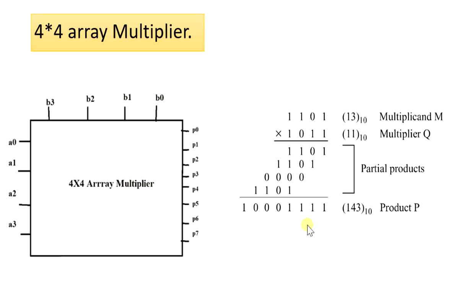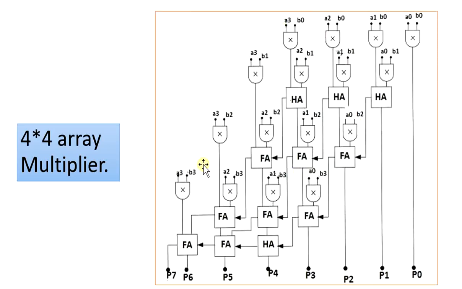So let us look into the design using single bit adders, which is more complicated compared to the lower array multipliers. Here you can see a 4x4 multiplier implemented using AND gates and adders in order to add the partial products.